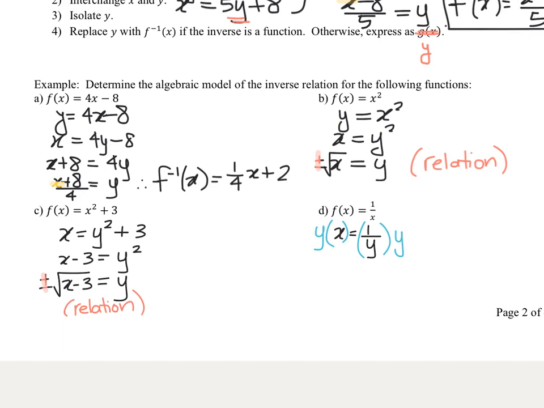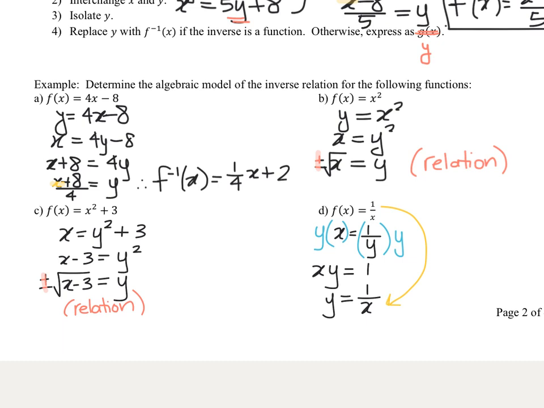So that means on my left side I have xy, and on the right side I have 1, because this 1 over y times y becomes just 1. And now my last step to get my y isolated on my left side, I end up with 1 over x. Now, don't you notice that this is actually the same result as the original function?